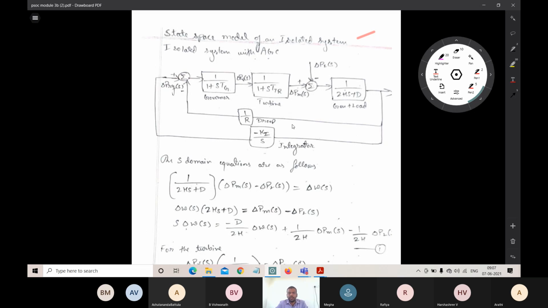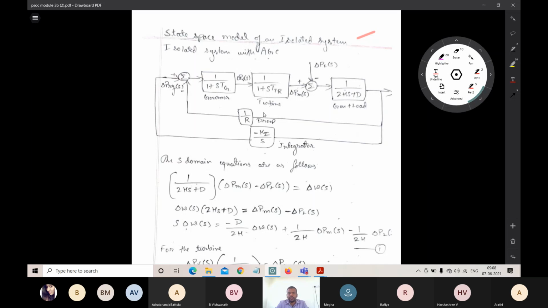AGC, automatic generation control. What are the different parameters it has? The AGC has the governor, the turbine, the generator plus load, the droop, and the integrator. By combining all these, we model our generation control. The isolated system is nothing but a system having a governor, a turbine, a generator, and the load.